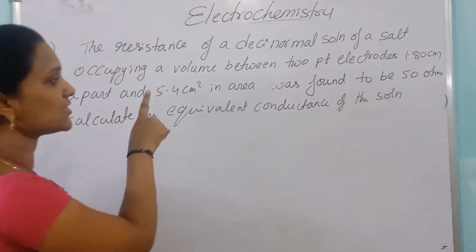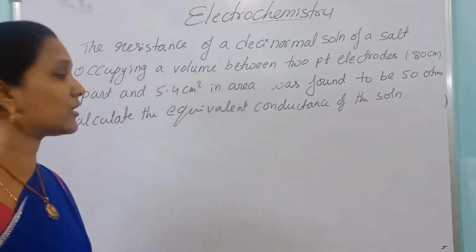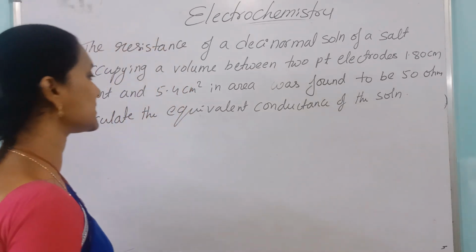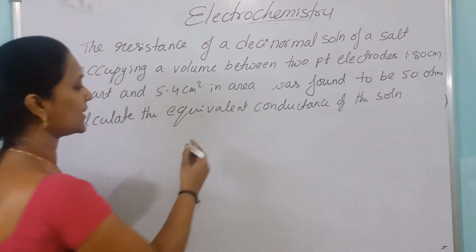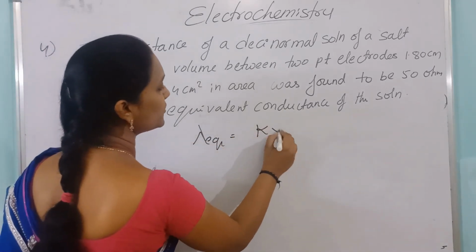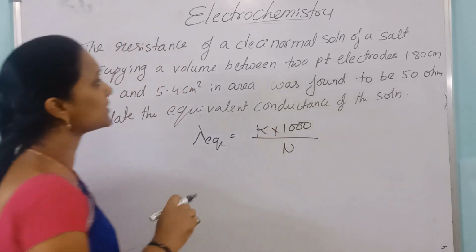Here resistance given, L given, A given. So what they are asking: calculate the equivalent conductance of the solution. What is the formula for equivalent conductance? Equivalent conductance is equal to K into 1000 by normality, or K by 1000 into normality.